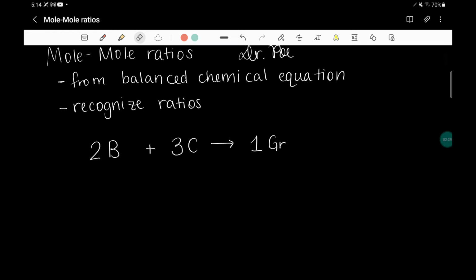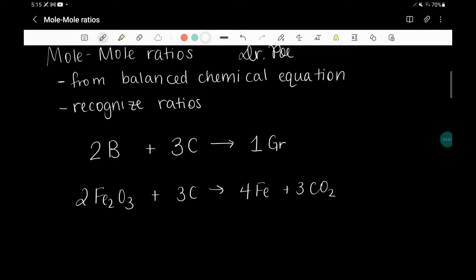Okay, and we can apply these same principles to regular old chemical equations as well. So if we have something like iron(III) oxide combining with 3 carbons to make 4 moles iron, and 3 moles of carbon dioxide, it's the same idea. And so we can do these ratios by whole numbers.